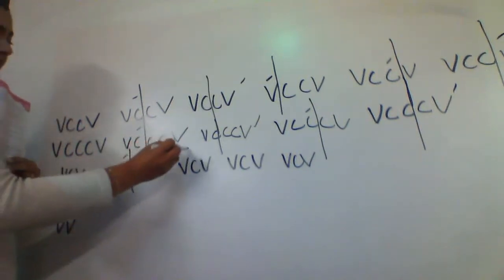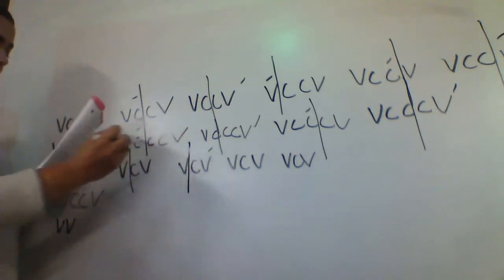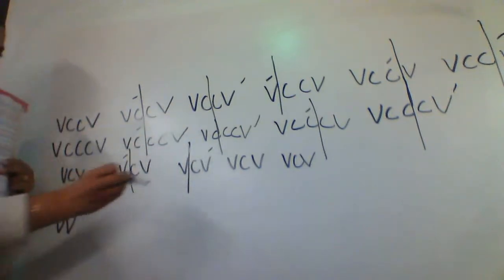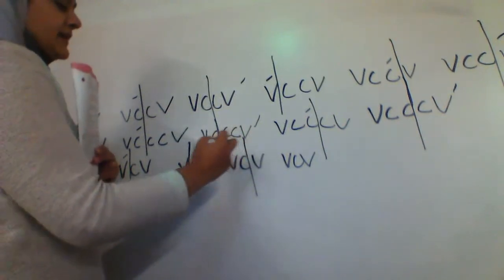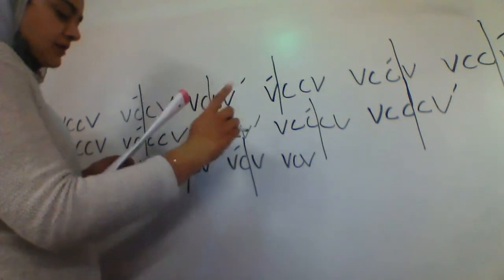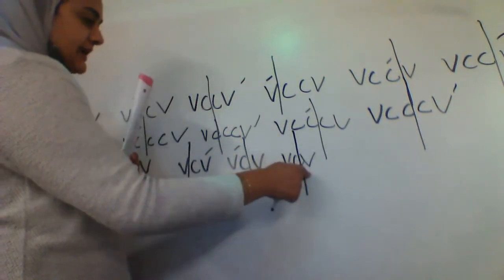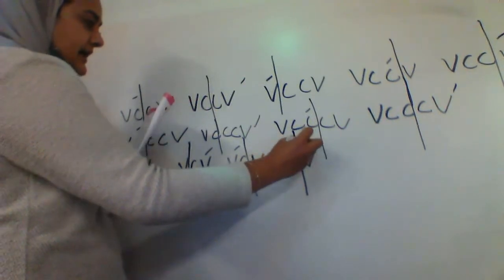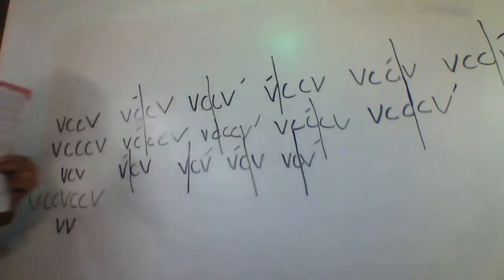We also learned that the division line can go here, but now the accent's at the end. We also learned that the division line can go at the second part of the syllable, but the accent is in the beginning. We've also learned that the division line can go after the consonant, and the accent is at the end.